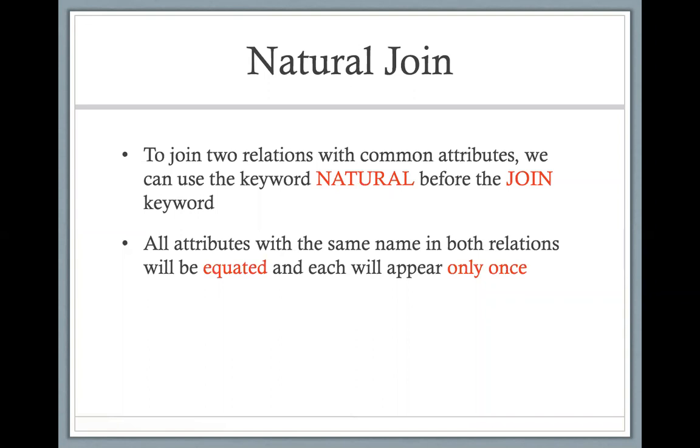What you do is you equate these attributes, and then each attribute will appear only once. You can do this explicitly in SQL using the natural keyword before the join keyword. So all attributes with the same name in both relations will be equated, and each will appear only once.